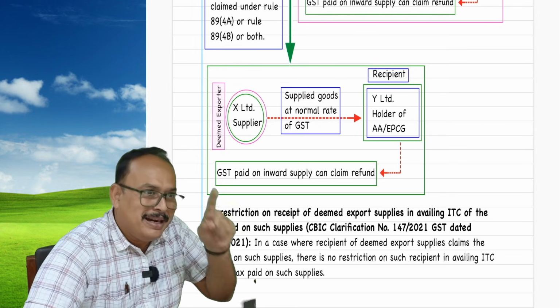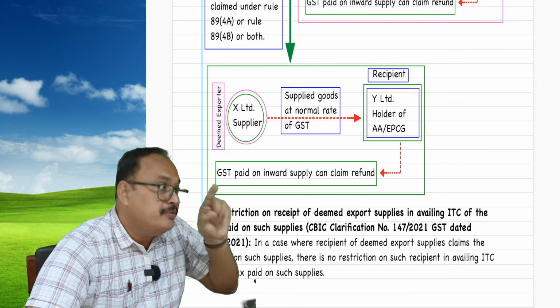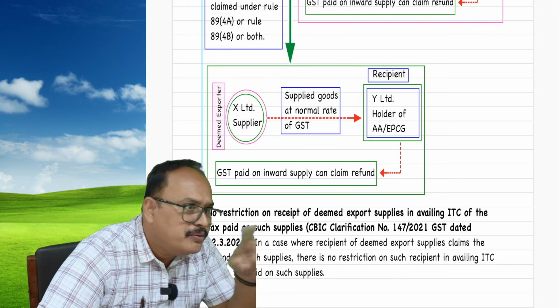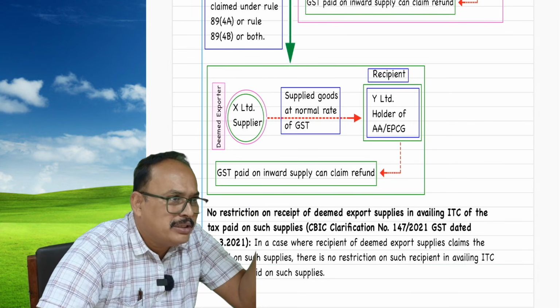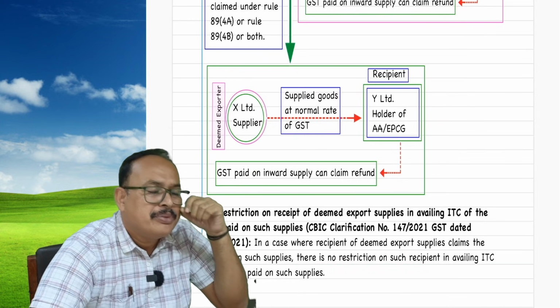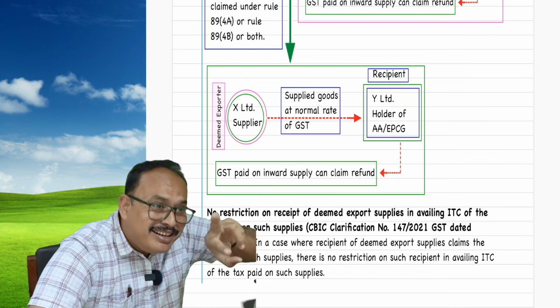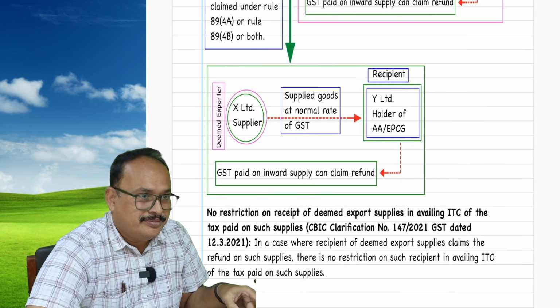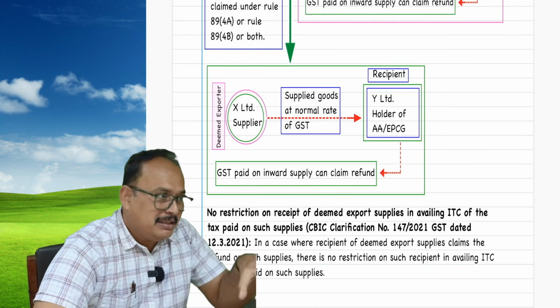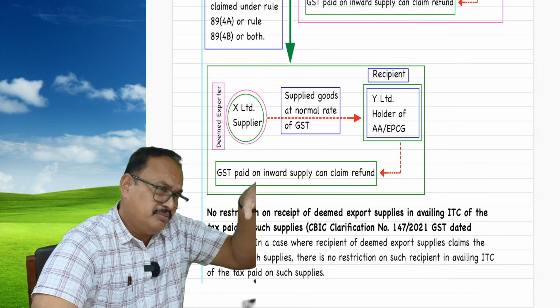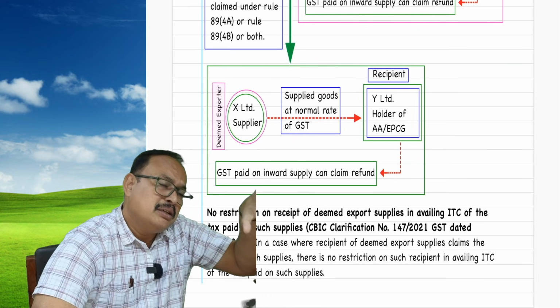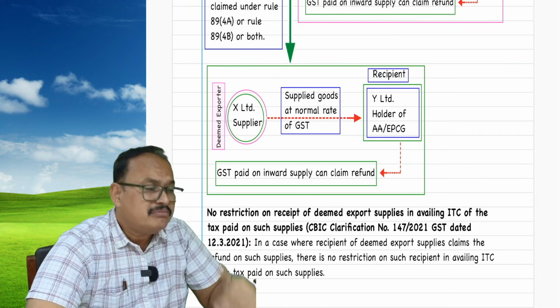Refund as per rule 89.4 or rule 89.5. 89.4 is the formula for export and zero supply. 89.5 is the inverted structure. As the case may be, that refund amount is compared with the other values.